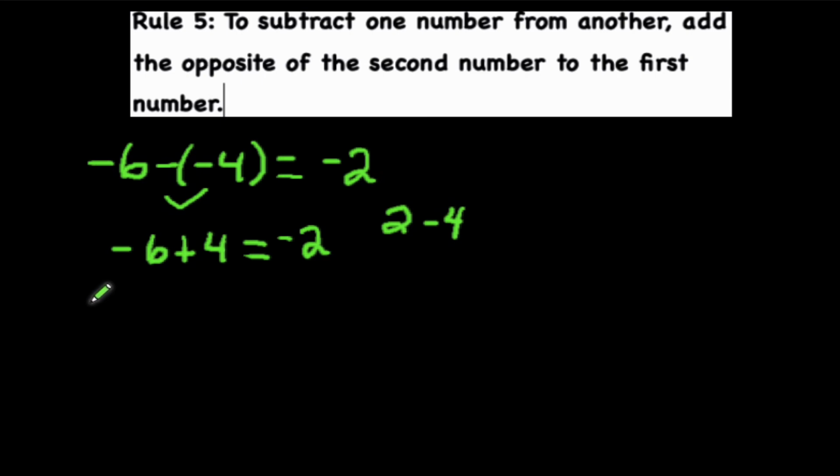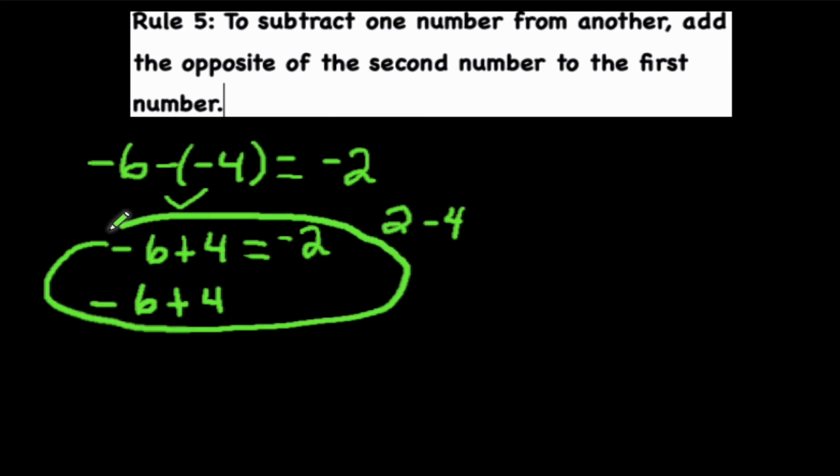Because if you take -6, right, you're going to leave the first number the same, and you're going to add the opposite of the second number, okay? So in other words, this negative will turn into a positive, right? And then since this is -4, this is +4. All right, so you see how these are both the same. So that's what this rule is saying. And I'm sorry if I didn't mention that sooner.